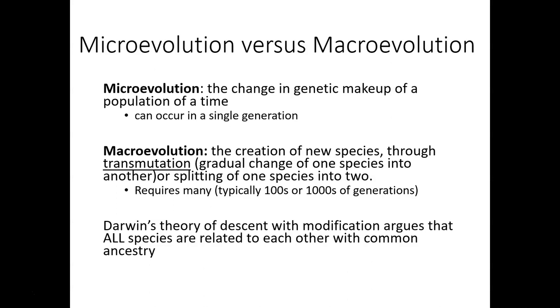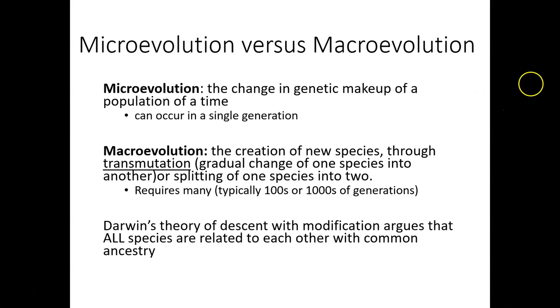Macroevolution is really just microevolution over a longer period of time. So it can require hundreds or thousands or millions of generations for new species to be formed from old species. So macroevolution can include the creation of new species through transmutation, which is a gradual change of one species into another, or splitting of one species into two.